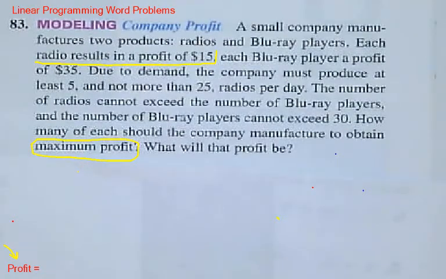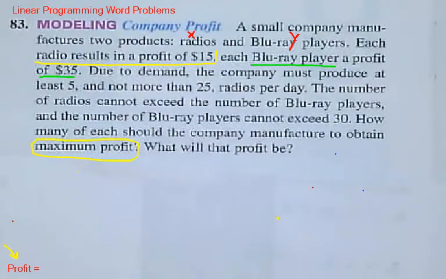So we need to decide one of them's X and one of them's Y. It doesn't matter which one, so I'm going to pick radios X and Blu-ray player will be Y.